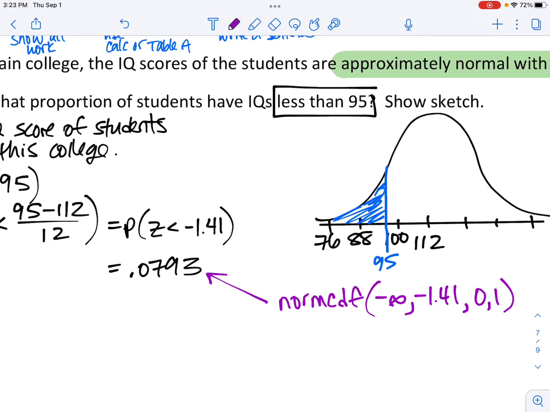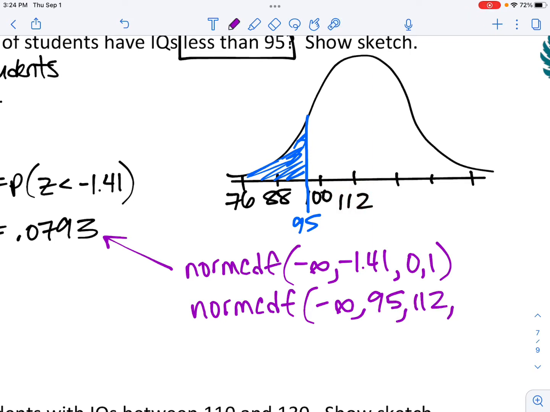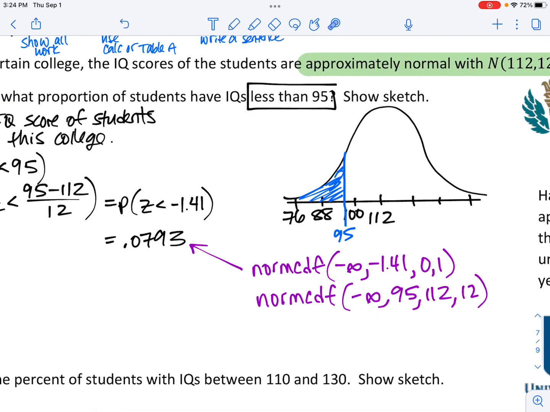If this were a multiple choice question, remember you could also do normal CDF. Still negative infinity. If we want to be in terms of IQ scores, I stopped shading at 95. That was my X value. The mean IQ score was 112. That's an IQ value. And the standard deviation was 12. And that will give you the same exact answer in the calculator.